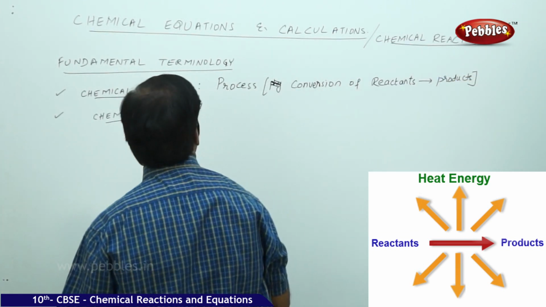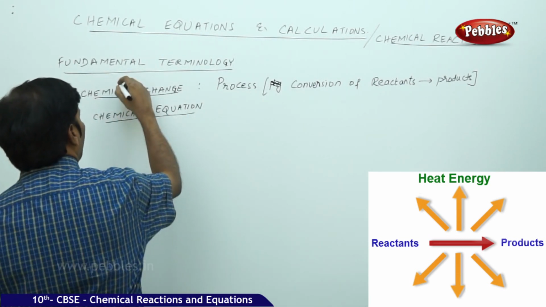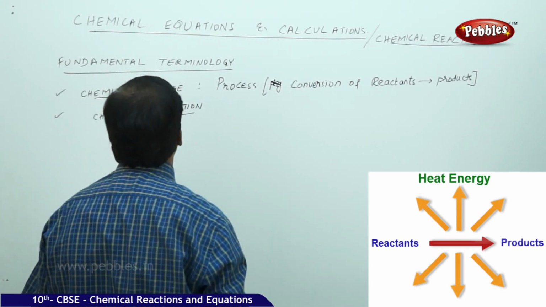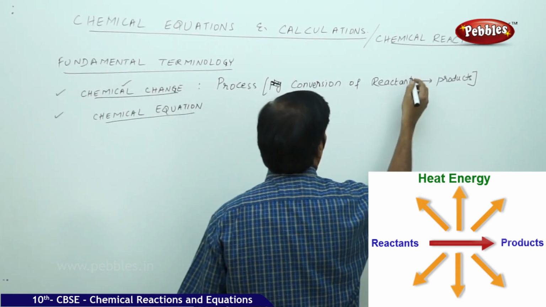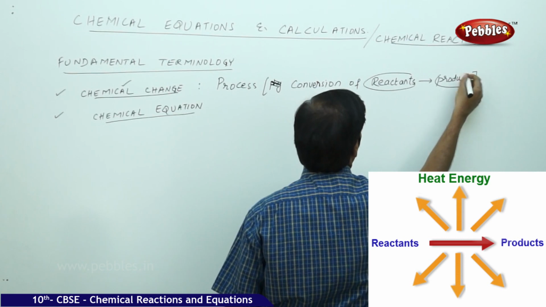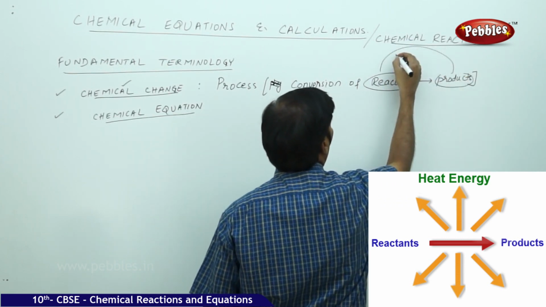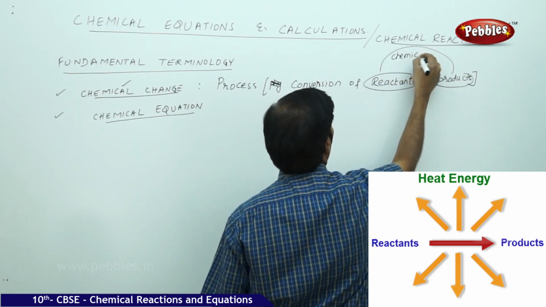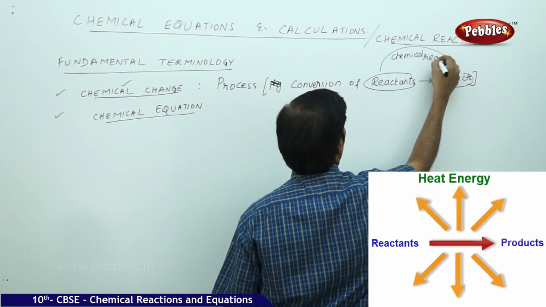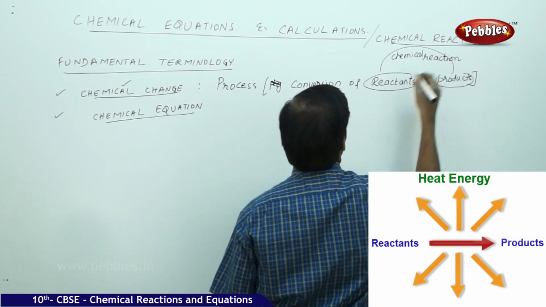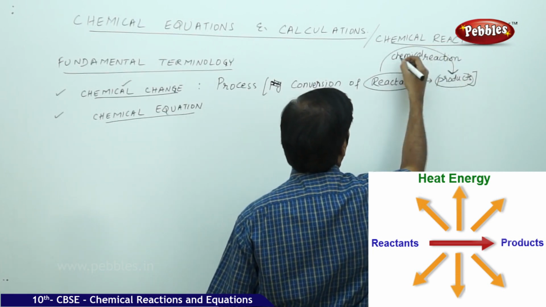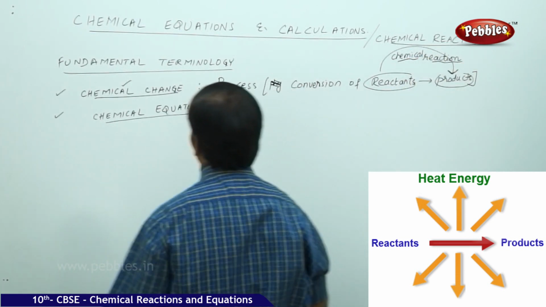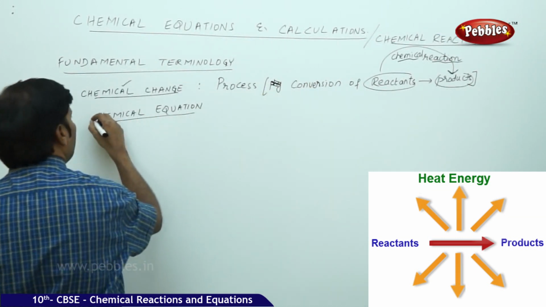Conversion of reactants to products is simply a chemical change, and this conversion actually happens because of a chemical reaction. So a chemical reaction involves a chemical equation.